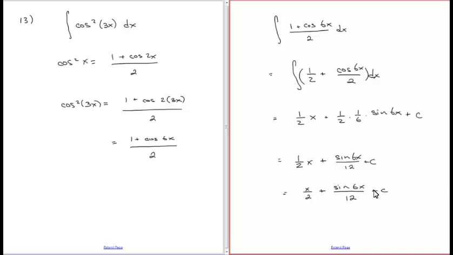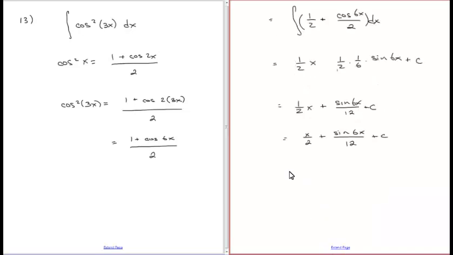The book actually has the answer where they factor out a 12th, and so 6/12 will give you a half, so that's why you put 6 in there, and then you'd have the second term, which would be sine of 6x, the whole thing with the arbitrary constant c added to it. The only advantage of this is that here you have two fractions, there you just have one fraction, which is just a constant down front.